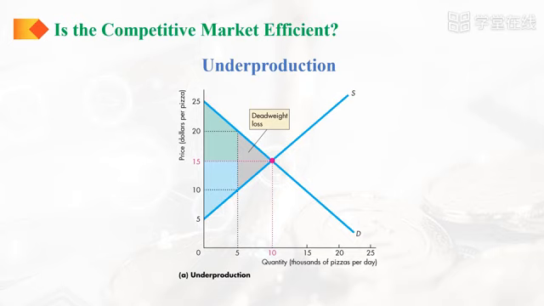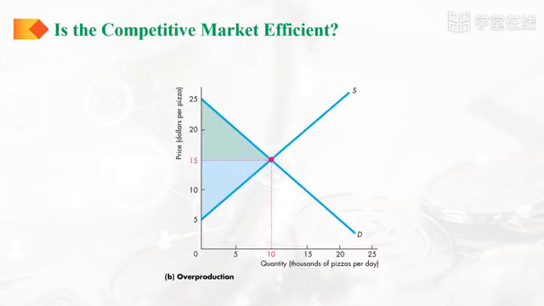If production is restricted to 5,000 pieces a day, there is underproduction, and the quantity is inefficient. A deadweight loss equals the decrease in the total surplus, the gray triangle. This loss is a social loss.